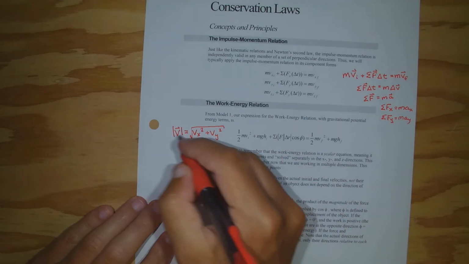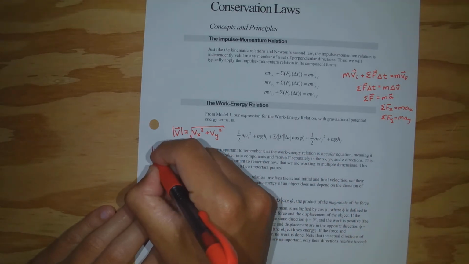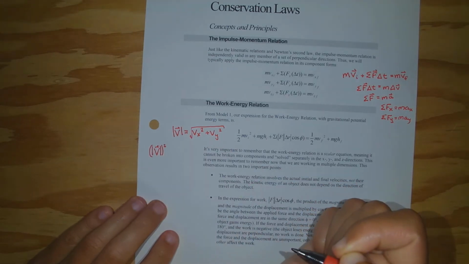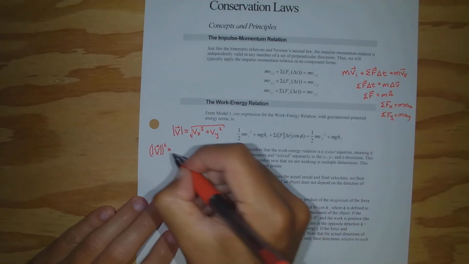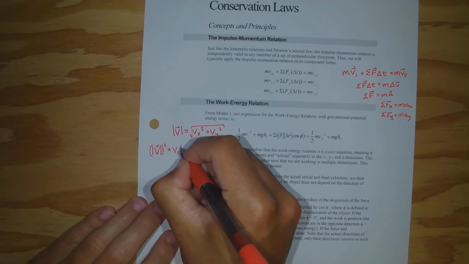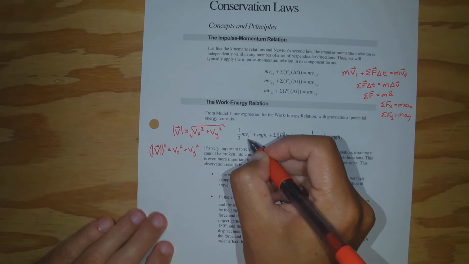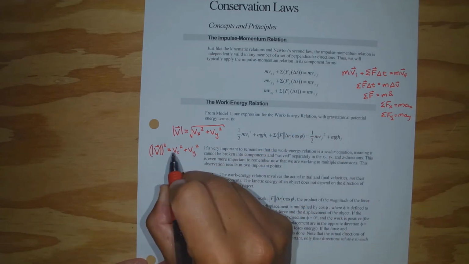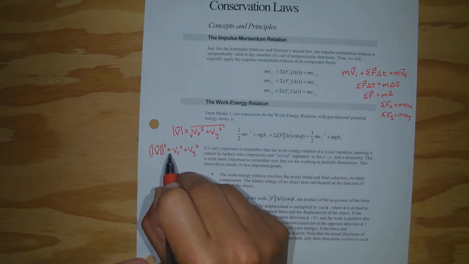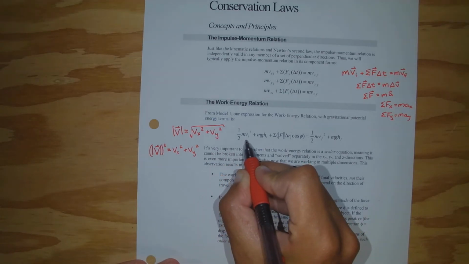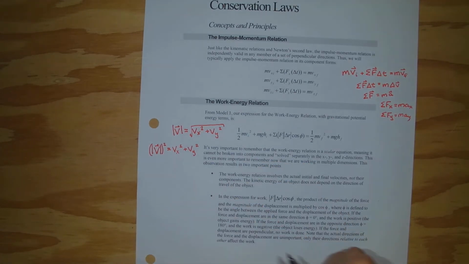So the velocity squared is equal to vx squared plus vy squared, which is what we have here. It's not the component, it is the magnitude of the velocity squared. You can write that like we have here, or just v squared, but it's the magnitude of the velocity squared, so that would be vx squared plus vy squared.